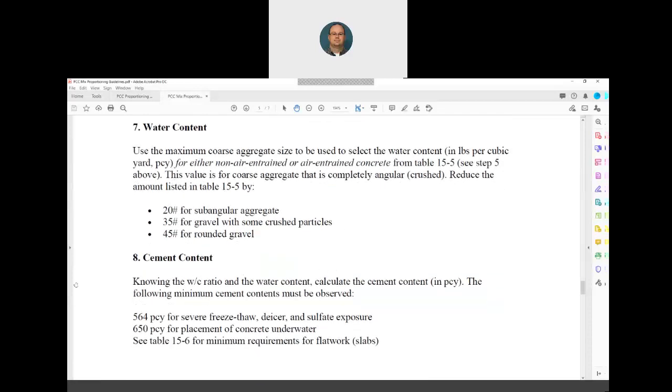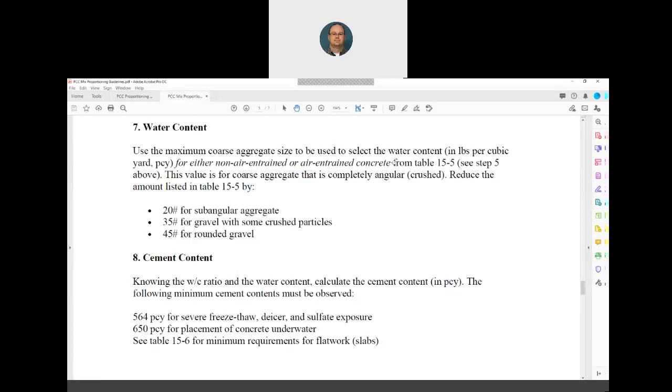All right, step 8, cement content. Knowing the water cement ratio. Remember, that was all the way from step 3. That is our lowest water cement ratio. Calculate the cement content in pounds per cubic yard. Okay, that's a ratio.